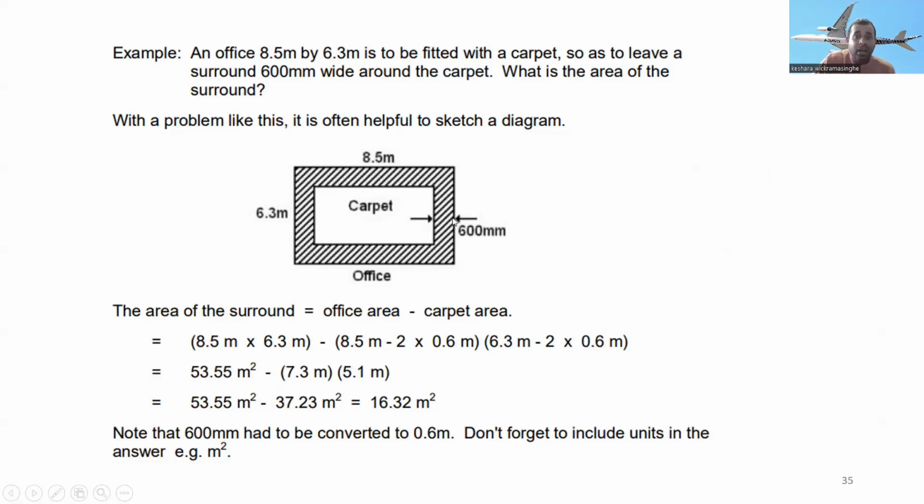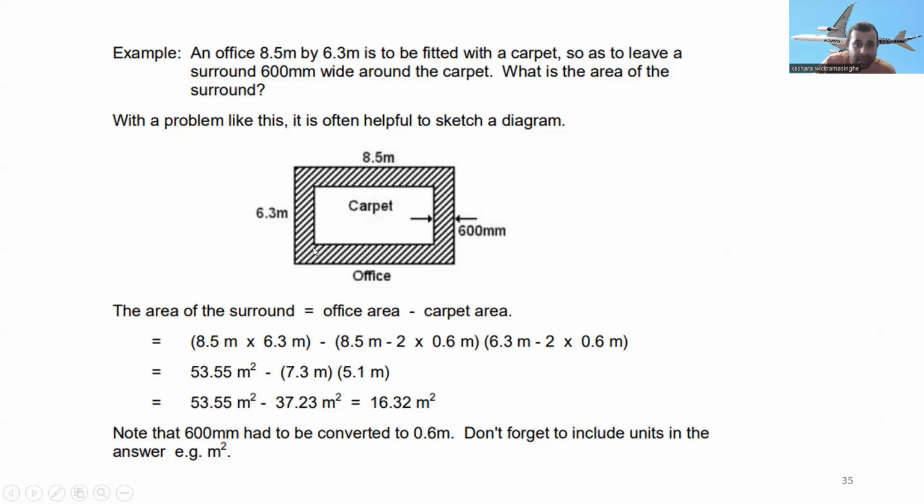So how do we calculate the carpet area? The carpet length is 8.5 meters minus 2 times 0.6 meters, and the width is 6.3 minus 2 times 0.6 meters. Why do we multiply by 2?